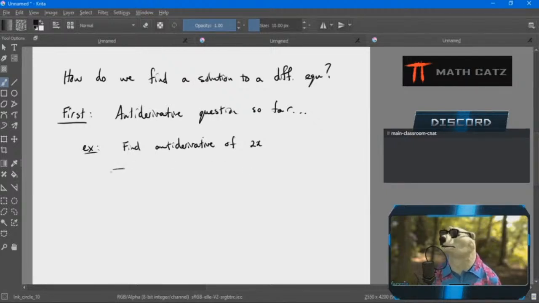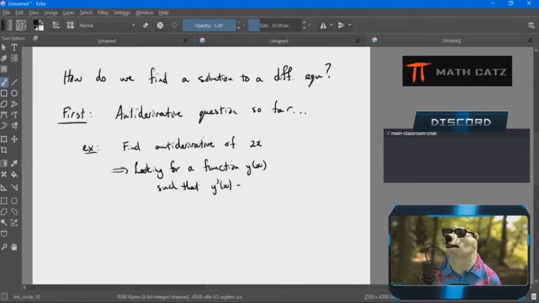That means I'm looking for a function, let's call it y of x, such that its derivative is 2x.